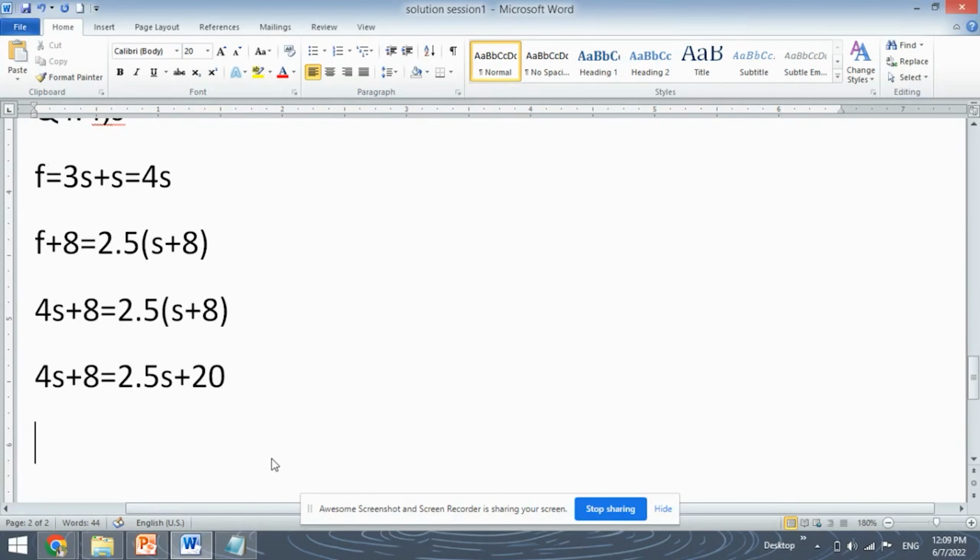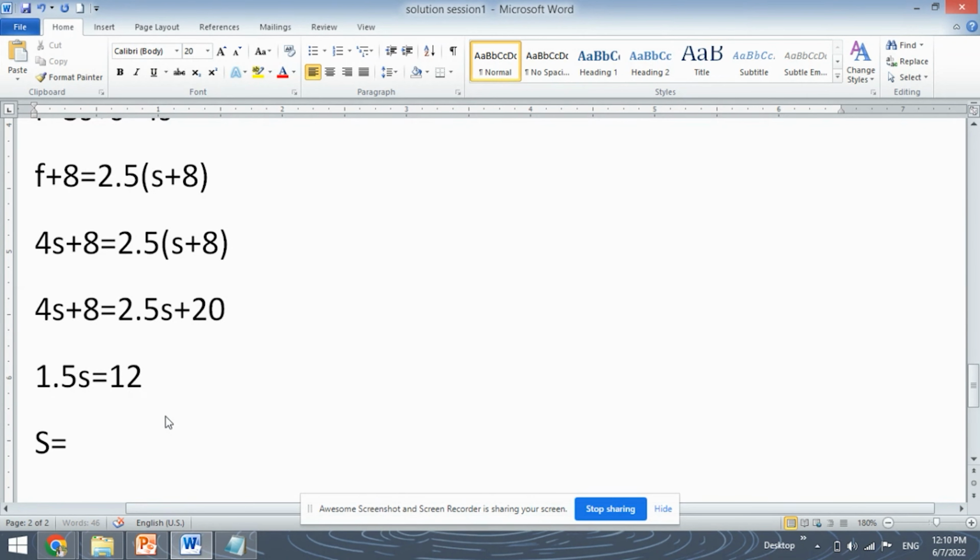Next, subtract 4s minus 2.5s, which will be 1.5s, equal to 20 minus 8, which will be 12. So the value of s will be 12 divided by 1.5.